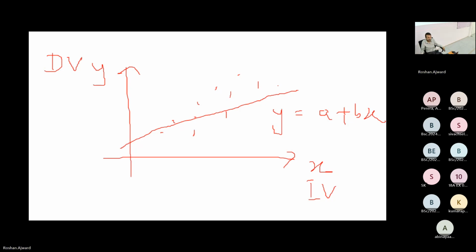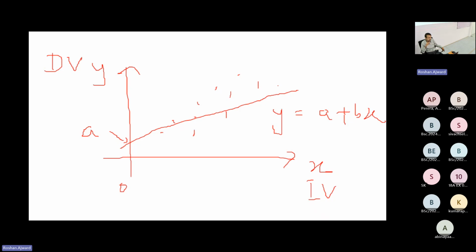Intercept. The intercept is the y value when x is 0. That's this A. When x is 0, what's the y value?